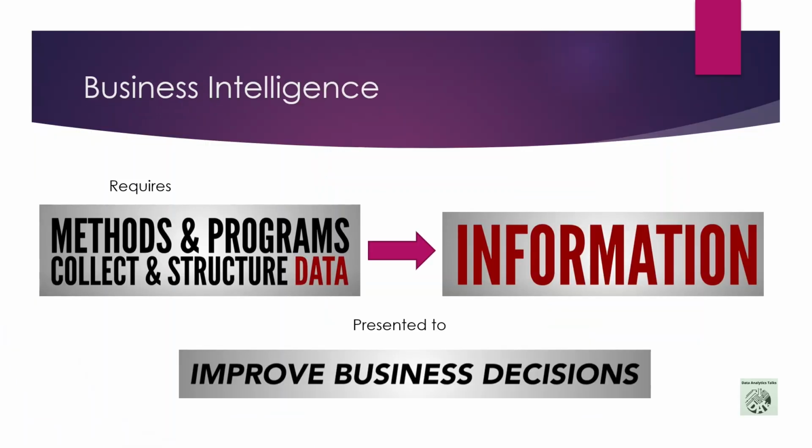Business intelligence refers to the applications, technologies, and practices for the collection, analysis, integration, and presentation of business information. So, in other words, business intelligence requires methods and programs to collect and structure data, to convert them into information, and to present that information to the corporate or business to improve business decisions.